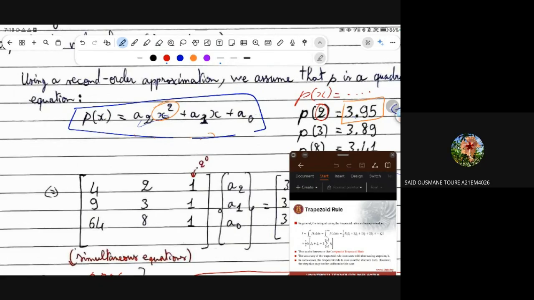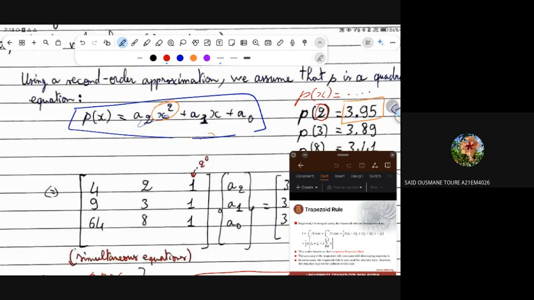No, but how do you know that rho of 2 equals 3.95? Because after we do the equation, we just need to substitute the values of x, like it's about making sure our function is correct and gives the correct answers.